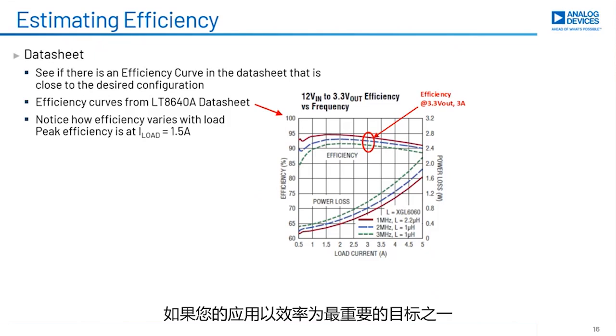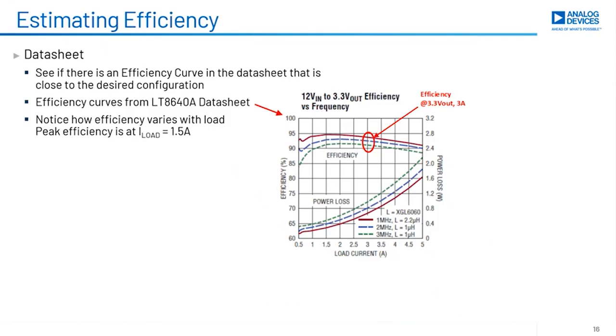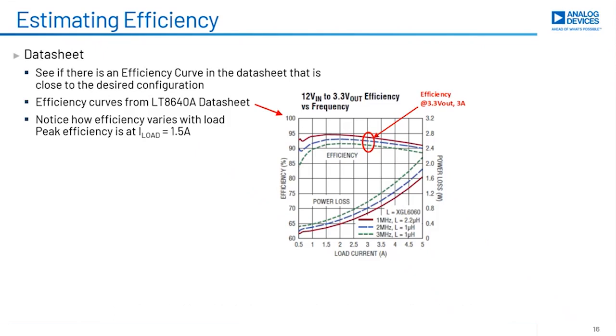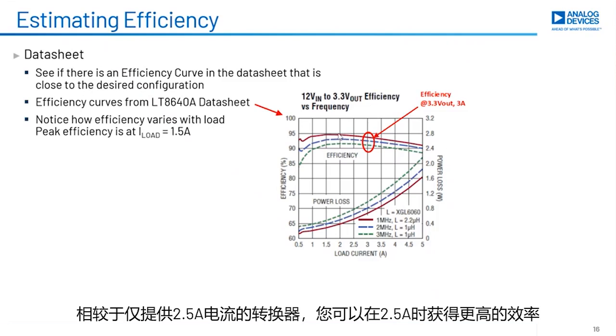That's where the efficiency is highest. So if you have an application where efficiency is one of the most important criteria, one approach might be to use a converter that has more output current capability than you actually need. So if you needed a converter to deliver 2.5 amps, if you choose a converter like this that actually can deliver 5, now you can get better efficiency at 2.5 than a converter that was designed only for 2.5 amps.